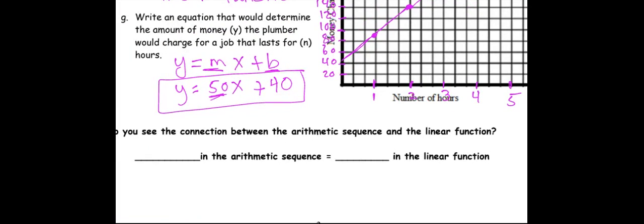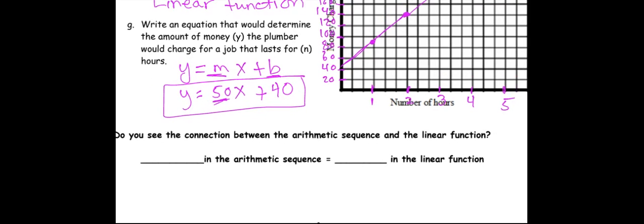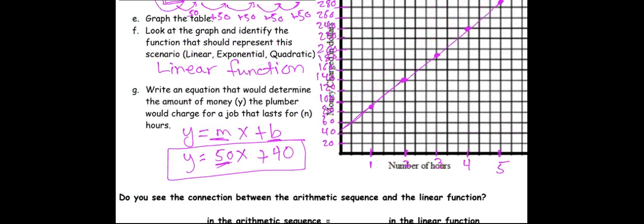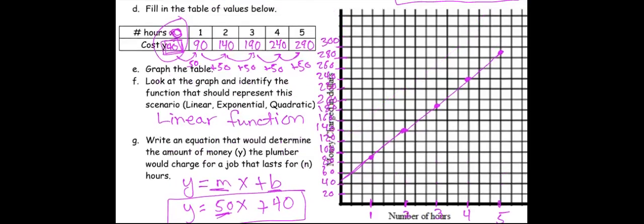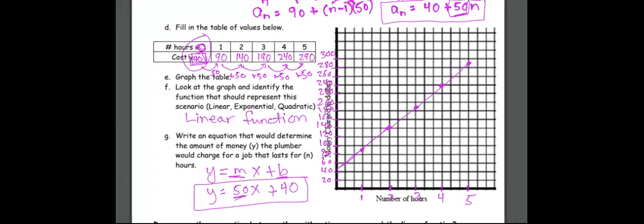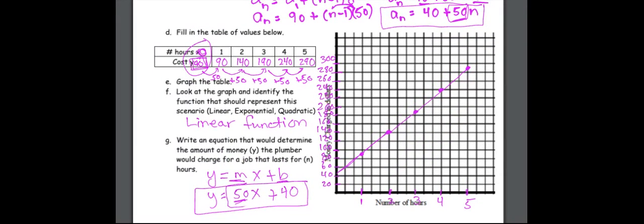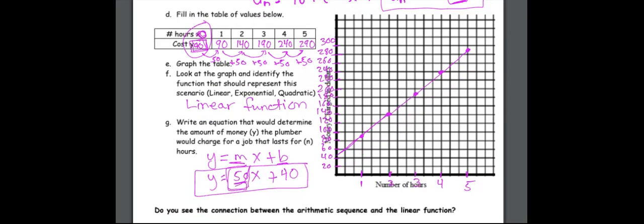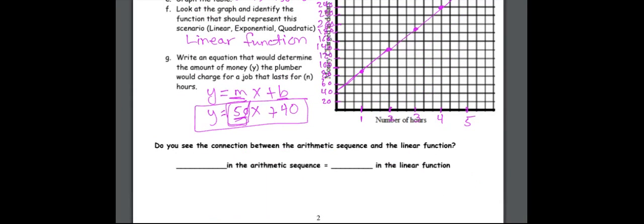Blank in the arithmetic sequence equals blank in the linear function. As you can see, the common difference in the arithmetic sequence is equal to the slope in the linear function. So I can say that the common difference, or d, is equal to m, or the slope, or the average rate of change in the linear function.